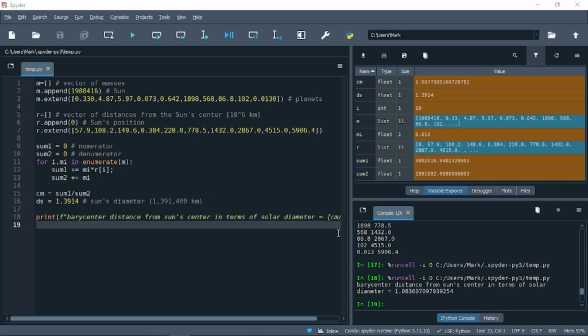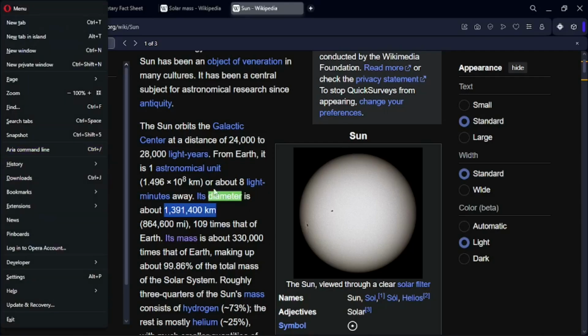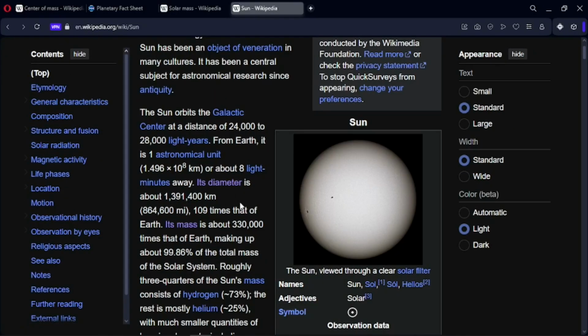So I'm not an expert, so I'm not sure if this is correct, but what this very simple script is telling us is that if this is the sun, this is the sun diameter, which is this diameter, so the radius, of course, is half of this.